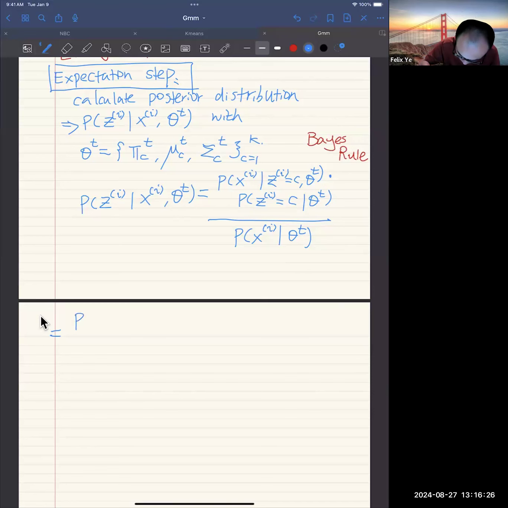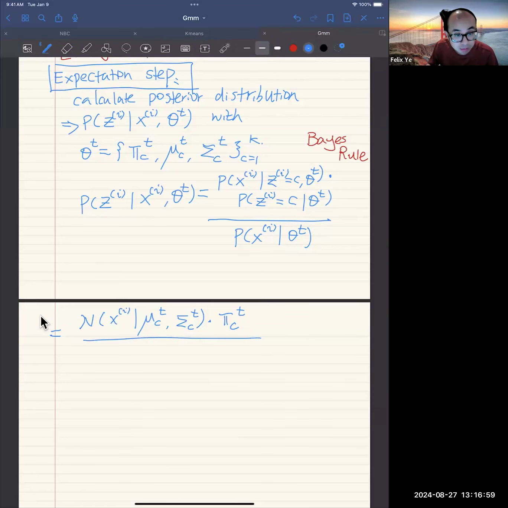So we evaluate x_i conditional on mu_c,t and sigma_c,t, and multiply by the probability of the cluster membership equal to c, which is nothing but pi_c,t. Then the bottom, we need to sum over all possible clusters.